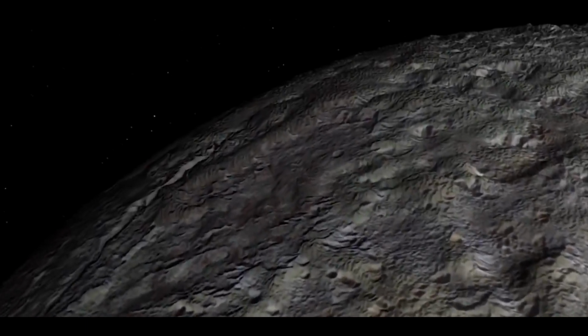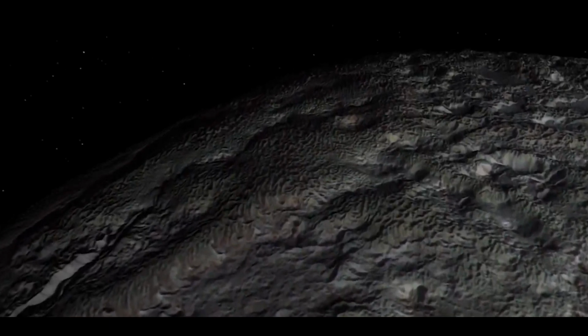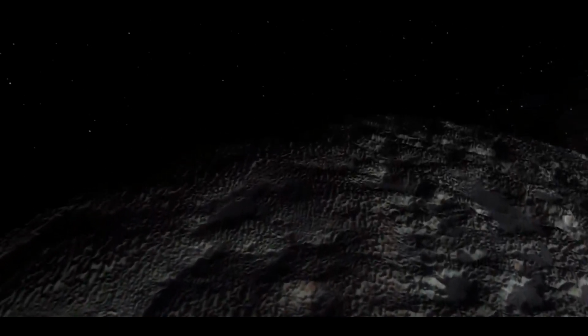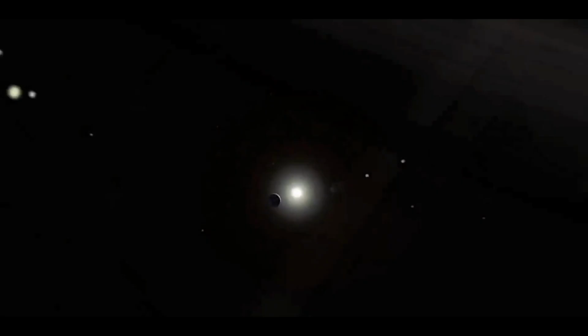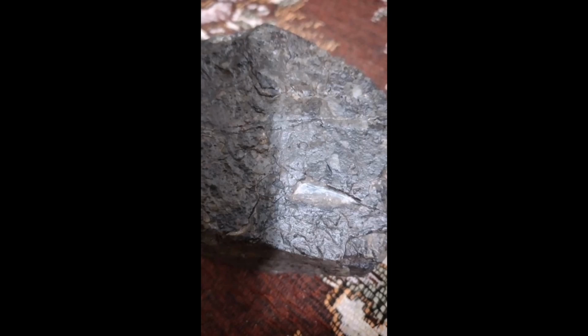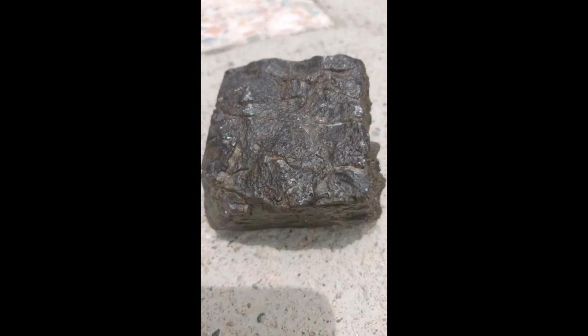The melt can also mix with some of the clasts, creating new composition and new texture in meteorites. This type of breccia is called impact melt breccia, and it is common in lunar meteorites and some Martian meteorites. We can even see them in rocks on our planet, on Earth.